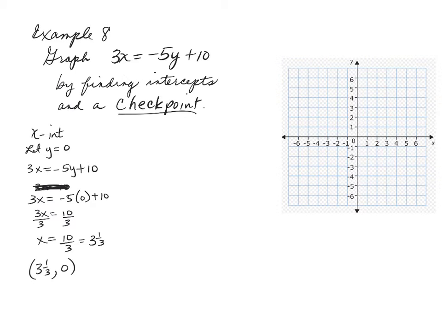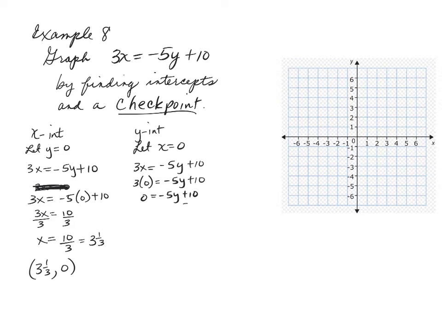The y-intercept, we attain that by letting x equal 0. And our equation is 3x equals -5y plus 10. We're going to plug in a 0 for x. So we get 3 times 0 equals -5y plus 10. So that's 0 equals -5y plus 10.